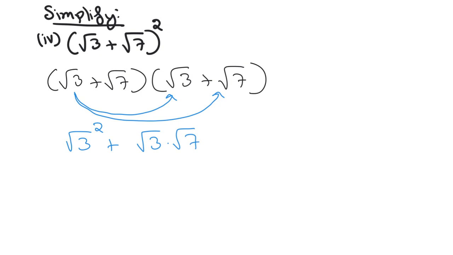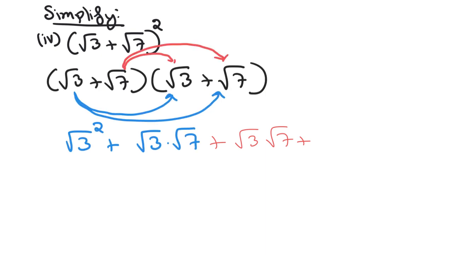We finished with root 3. Now we will move on to root 7. Plus root 7 times root 3 is the same thing, root 3 times root 7. Okay. Plus root 7 times root 7 is root 7 squared, isn't it?